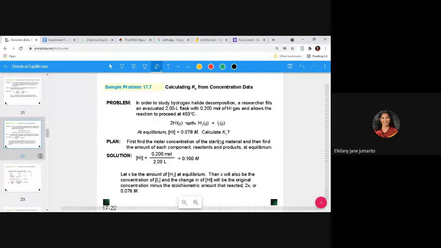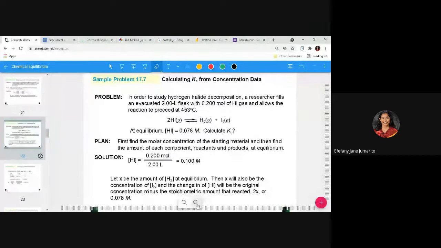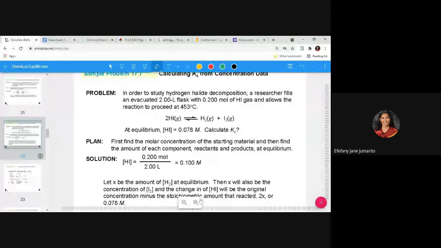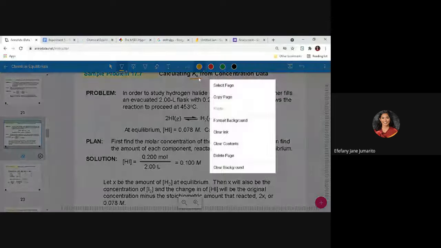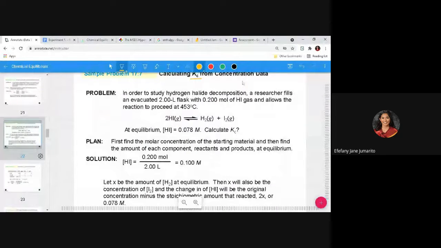Okay, so we have this problem. Last na ni nga topic, class: ICE table, then exam na ta. Calculating Kc from concentration data.